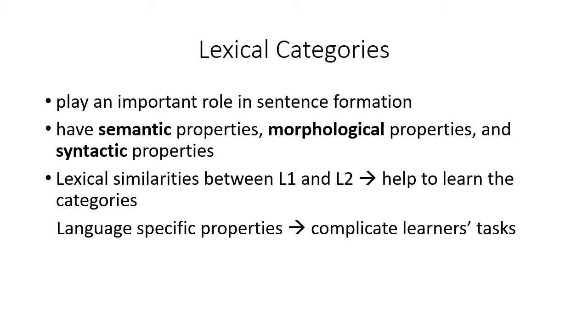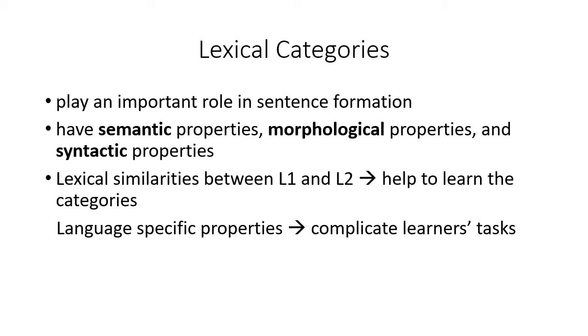This classification reflects a variety of factors, including the types of meaning that words express, the types of affixes that words take, and the types of structures in which they can occur. In other words, lexical categories have semantic properties, morphological properties, and syntactic properties.